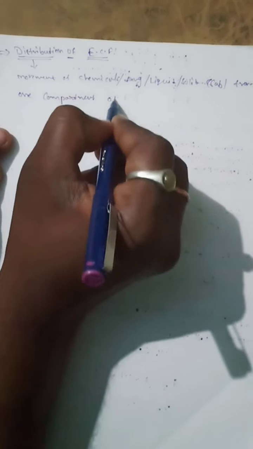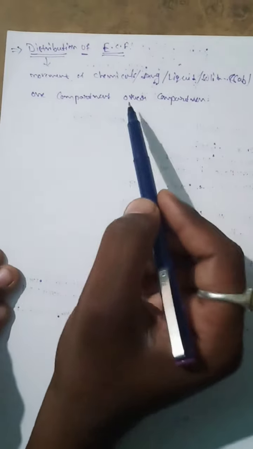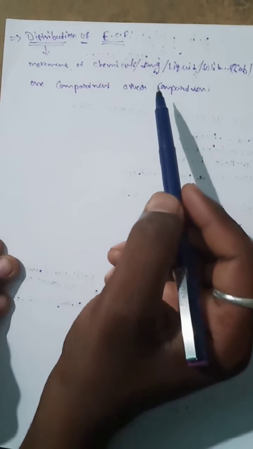Movement of the substances from one compartment to another compartment. So what is the distribution definition? Movement of the substances from one compartment to another compartment is known as distribution.